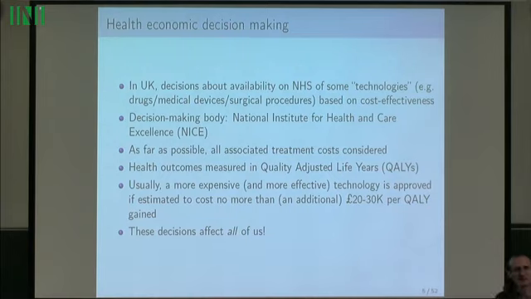That money comes from elsewhere in your healthcare budget. So this is all about allocating your healthcare budget as effectively as possible so that you can give the most amount of benefit for the most number of patients. So whether or not that particular technology is relevant to you, the decision still affects you because it still affects what resources are going to be available to you for when you need healthcare. So it is a very important decision-making problem.